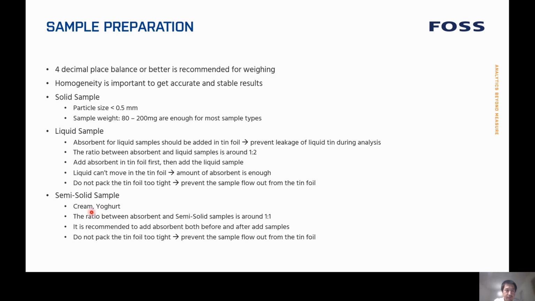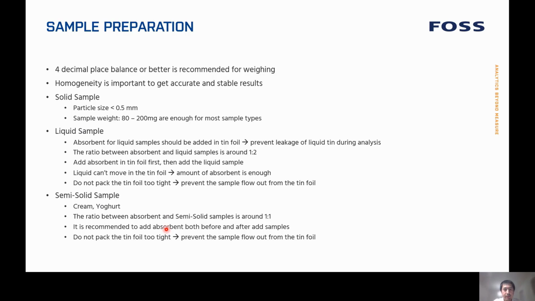And then you have different weighing for the different procedures. For a liquid sample, you just weigh the absorbent and add the liquid, then the liquid is absorbed by the absorbent. But when you handle semi-solid samples, you weigh half of the absorbent at the bottom, then you add the sample, then you cover the sample with absorbent finally.